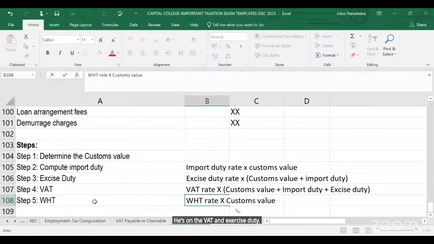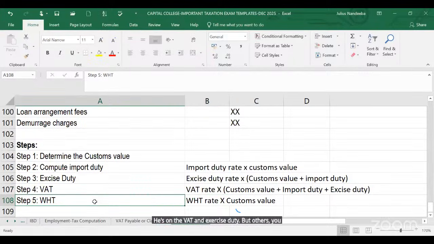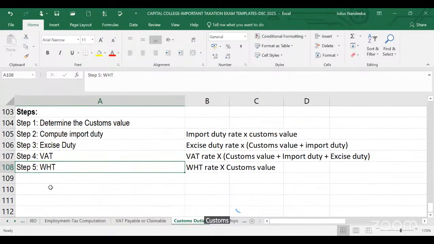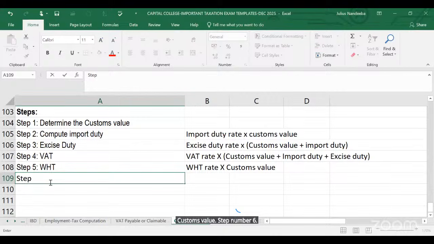But others, you multiply directly to customs value. Step number 6. Step number 6 is infrastructure levy. Infrastructure what? Infrastructure levy.